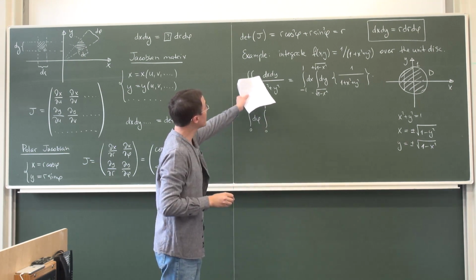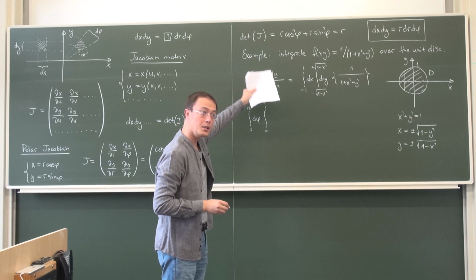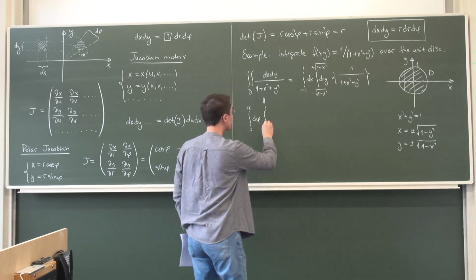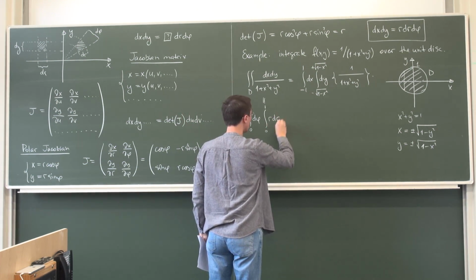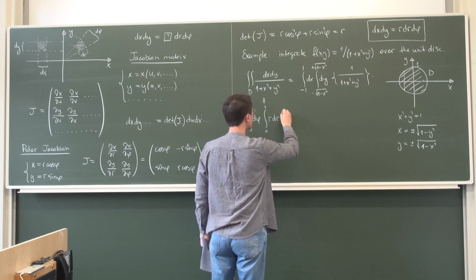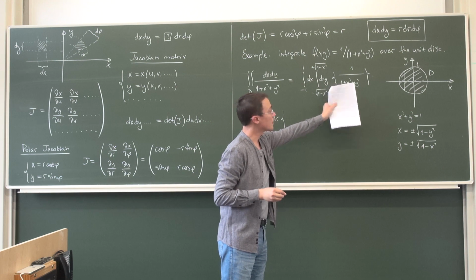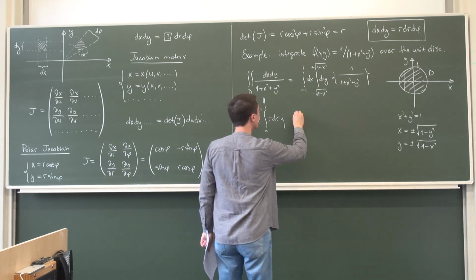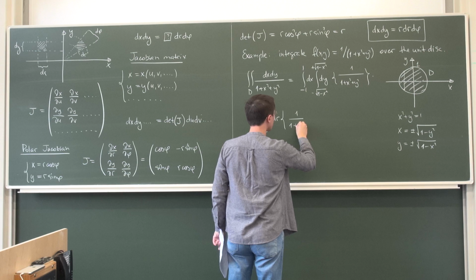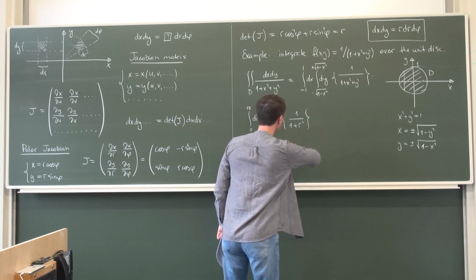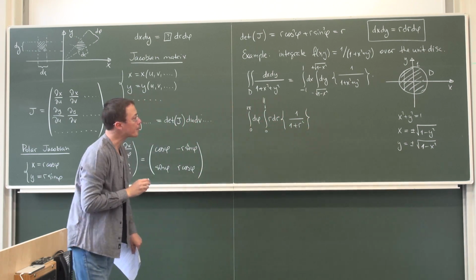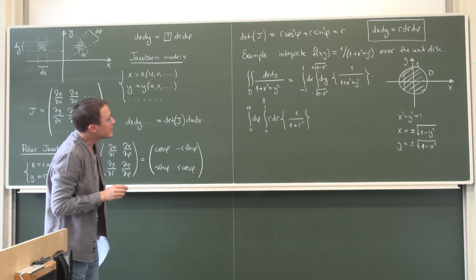Now, because dx dy is r dr d phi, this is r dr. And then let's take a look at the function. It is 1 over 1 plus r squared. Well, considerably simpler.